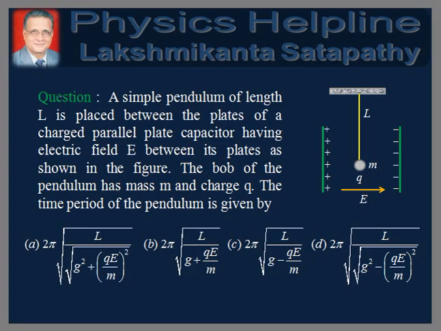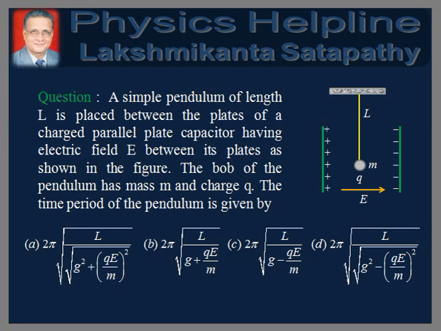A simple pendulum of length L is placed between the plates of a charged parallel plate capacitor having electric field E between its plates as shown in the figure. The bob of the pendulum has mass m and charge q.